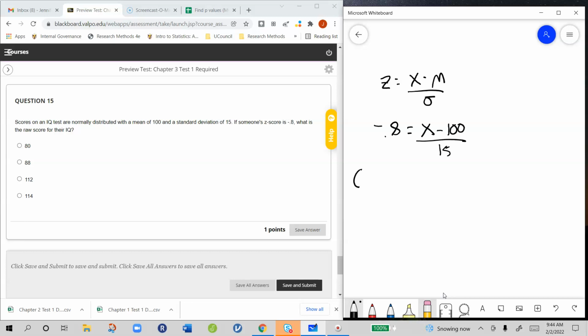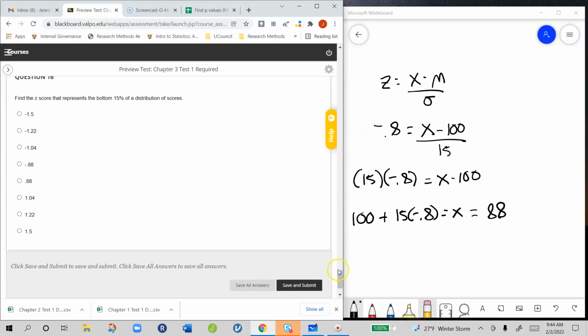So now you take 15 times negative 0.8, which will give you your x minus 100. Then you add 100 to both sides. So I have 100 plus 15 times negative 0.8, which will give you your x. If you compute that, you'll find that your x is equal to 88. That person is below the mean by 0.8 standard deviations.